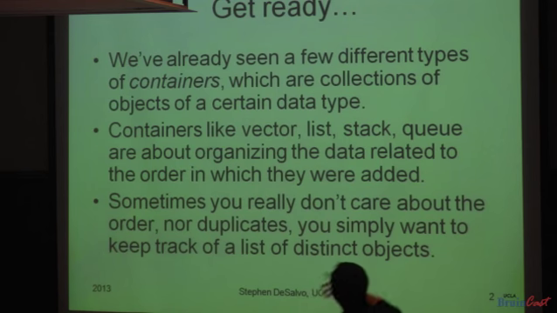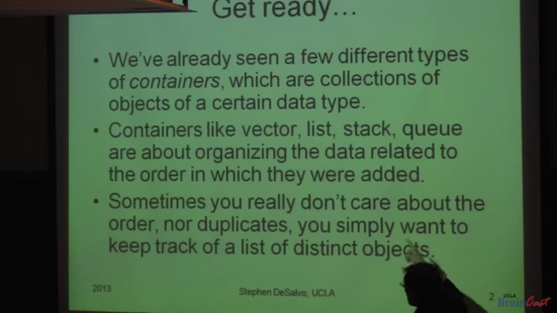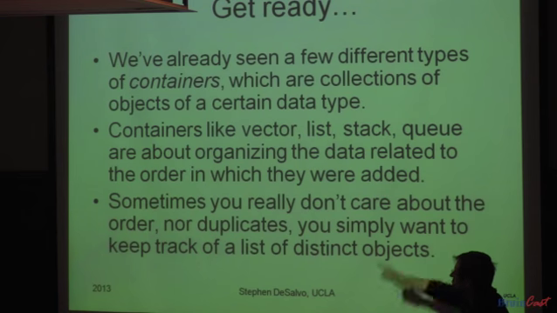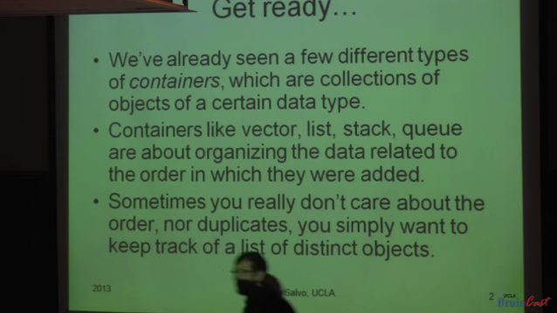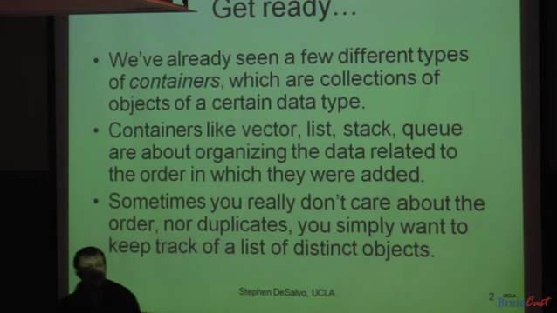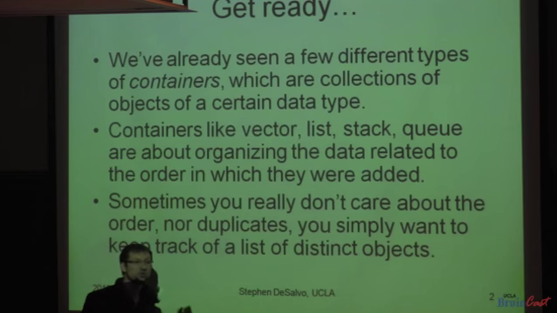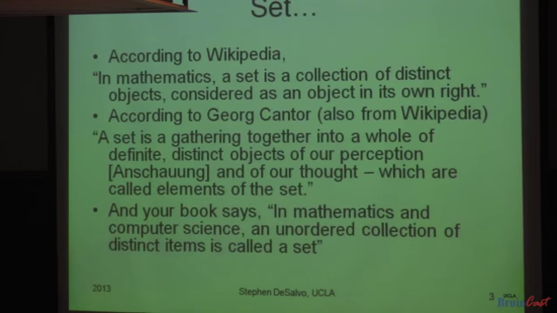Sometimes you really don't care about the order or duplicate values stored in your collection of objects. If I want to store a bunch of ints, and maybe I have the number 5 showing up 7 times, maybe I don't care how many times it shows up, I just want to store the number 5 in my collection and ignore all other attempts to insert more 5s. That's the idea behind a set.